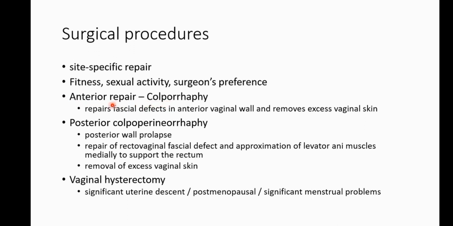Similarly, in case of posterior wall prolapse, we do posterior colpoperineorrhaphy, in which there is repair of the rectovaginal defect and approximation of the levator ani muscles medially to support the rectum.